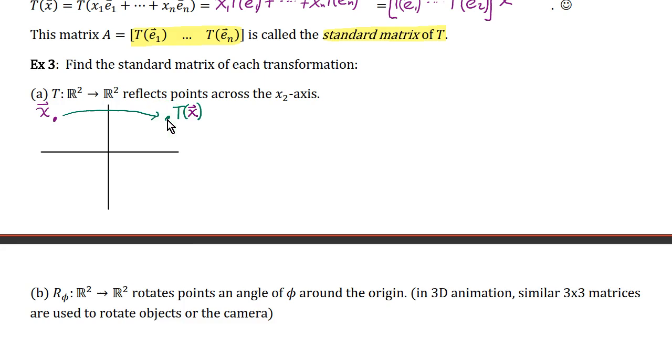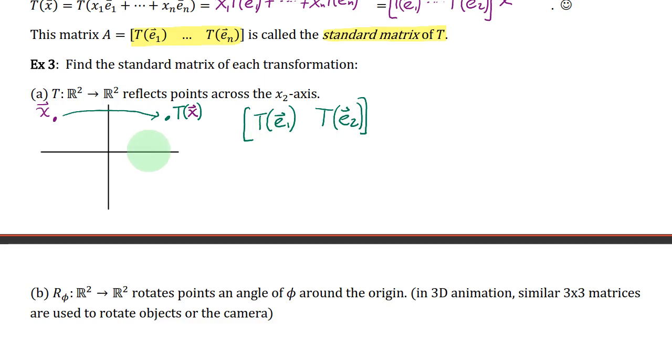So the way we can get the standard matrix is by using this theorem. The standard matrix is going to be T of e1 and T of e2. If we just find those two vectors, we can make them the columns of this matrix.